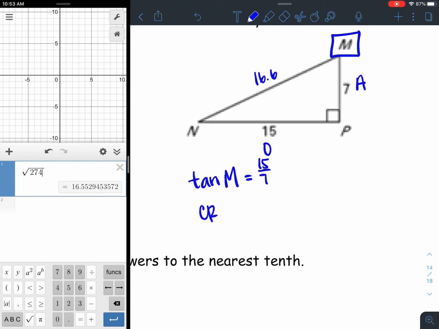And just like we did, we're going to have a calculator ready version, and this is where our inverse comes in handy. So we're going to have tangent^-1 of 15 over 7.